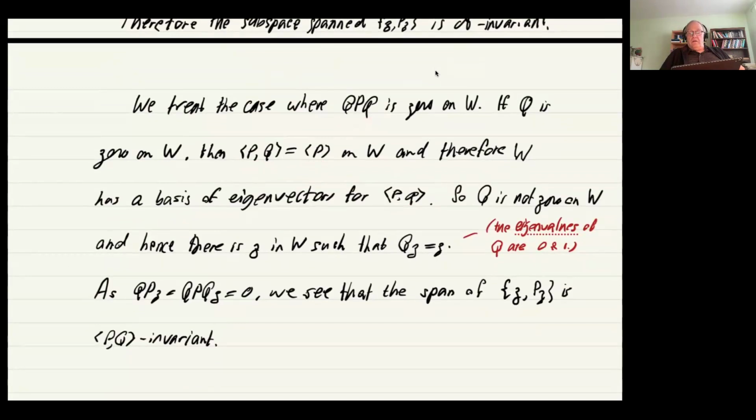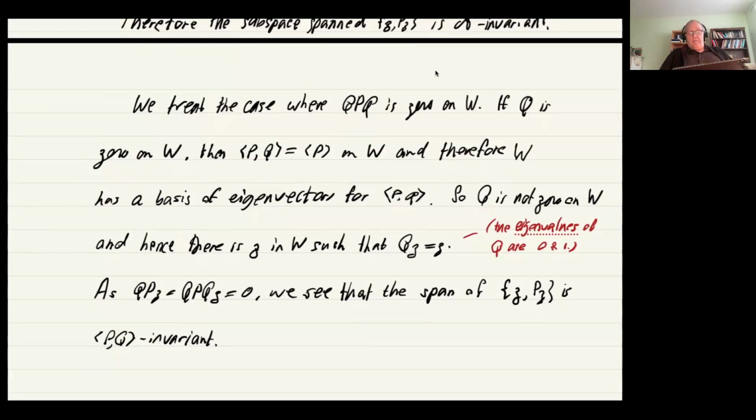Well, that's not going to be true, because W is not a sum of common eigenvectors of P and Q. So Q is not zero on W. So we're assuming that QPQ is zero on W, but we're finding that Q is not.